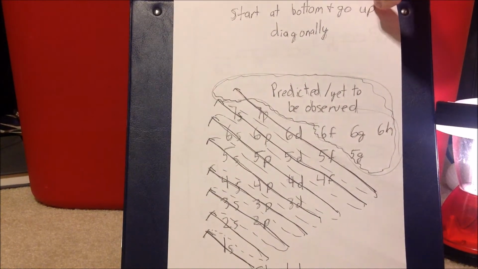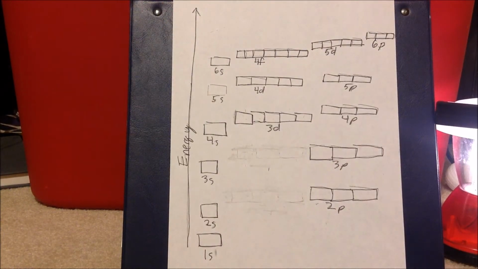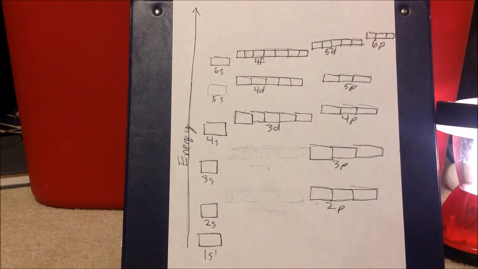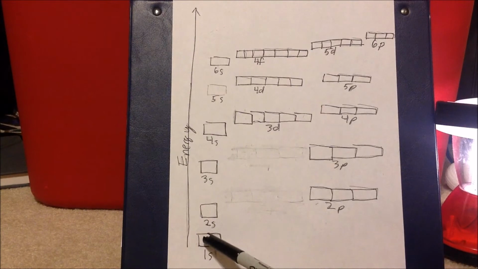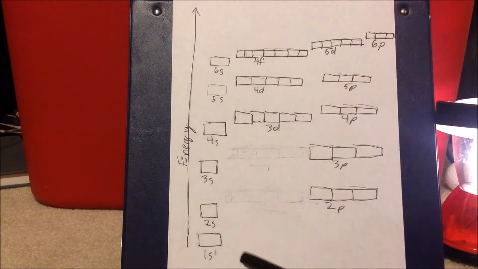How do you put electrons in? Well, as I was stating earlier, we'll put 2 electrons in every available orbital, and it's based on energy. We'll put 1 electron in every available orbital that is at the same energy level.